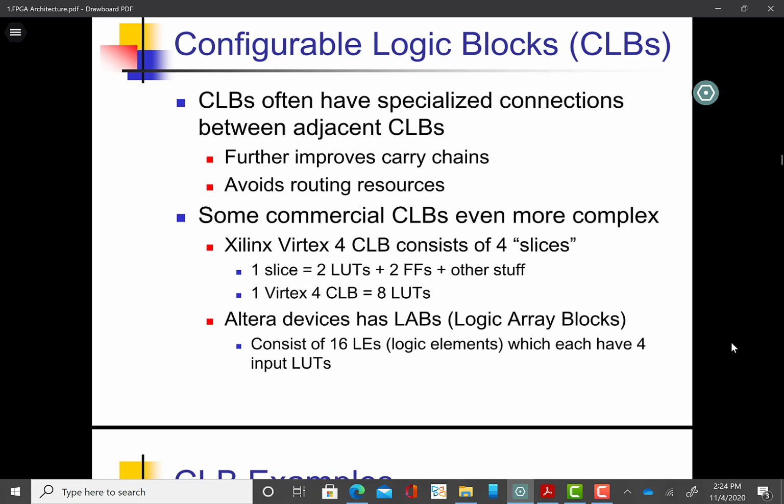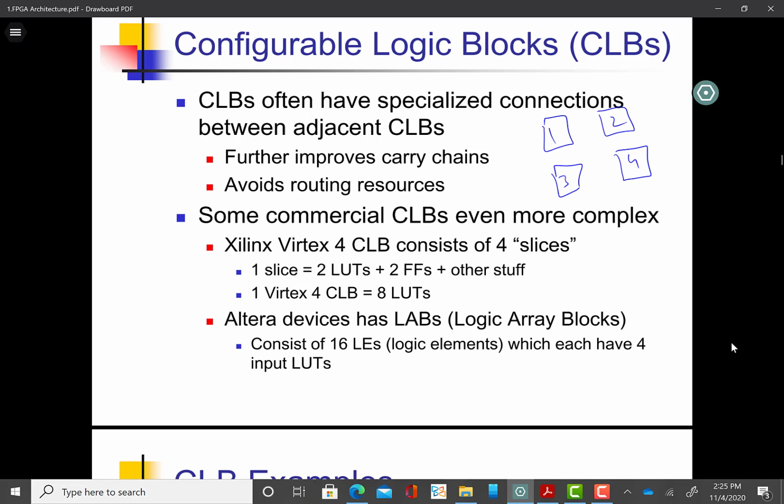So configurable logic blocks have specialized connections between adjacent CLBs. Imagine that your FPGA is something like this. It is like a sea of CLBs. So this is CLB 1, 2, 3, 4.